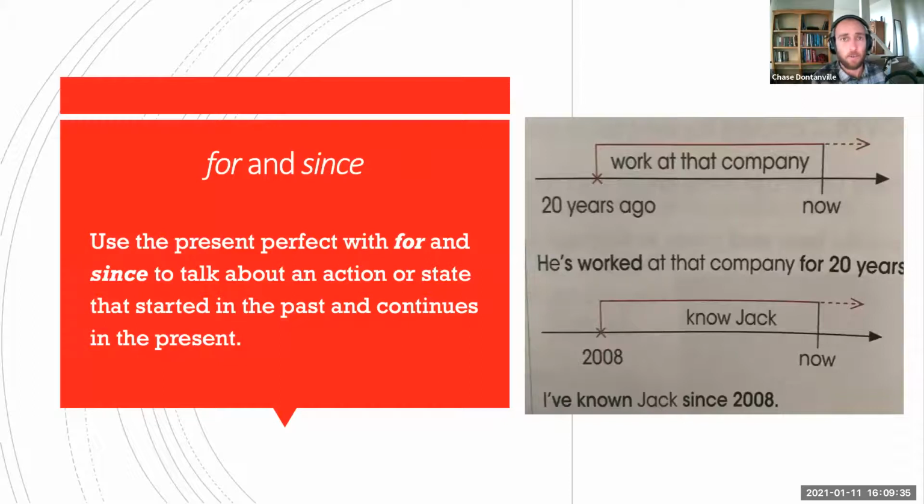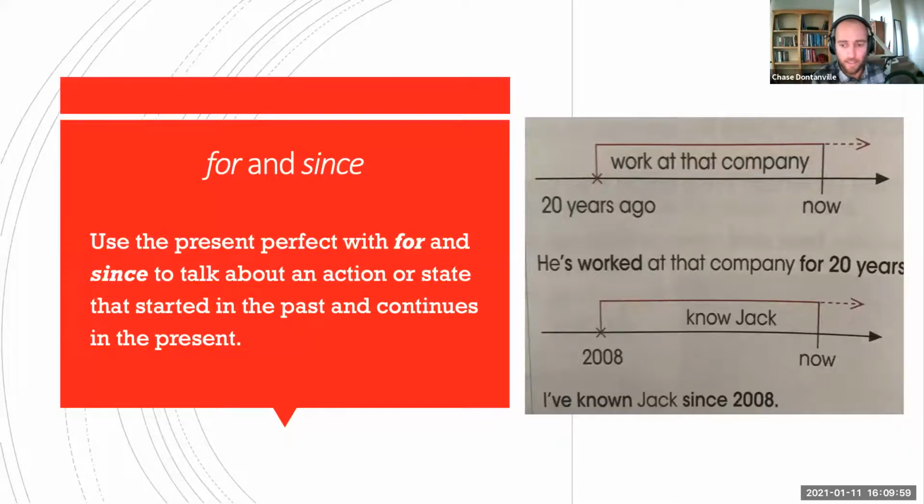As you can see here from your textbook, in the first example, he's worked at that company for 20 years. Okay, so 20 years ago, he started his job and he still works there. So we can't say he works for 20 years or he worked for 20 years. We need to use the present perfect. He's worked or he has worked.